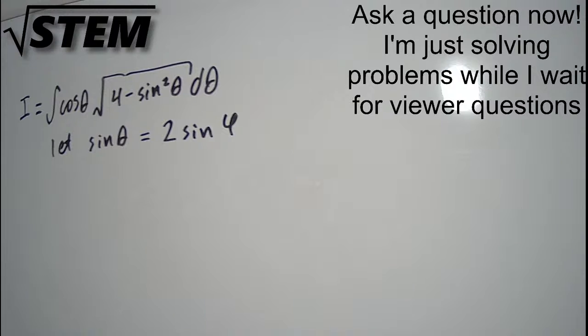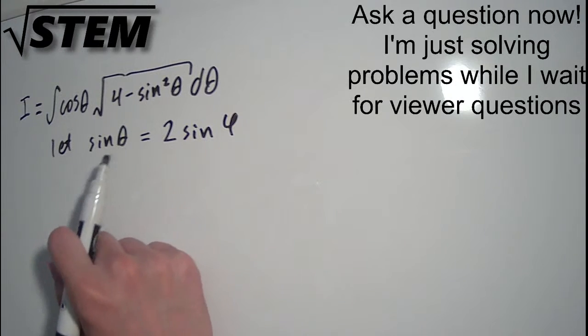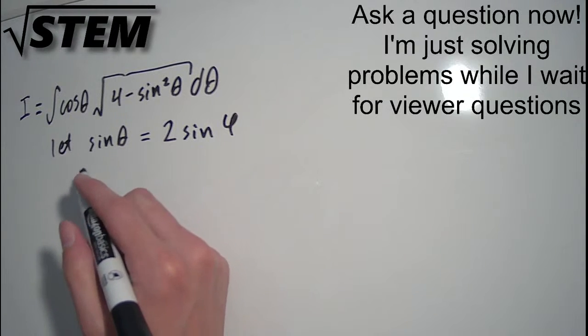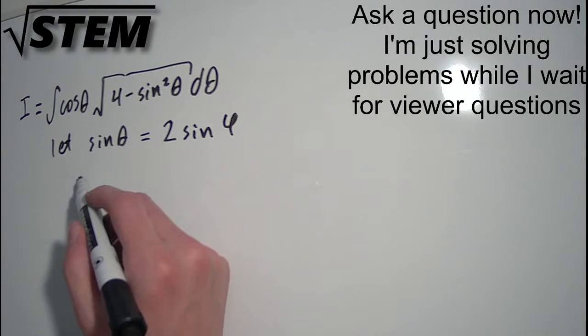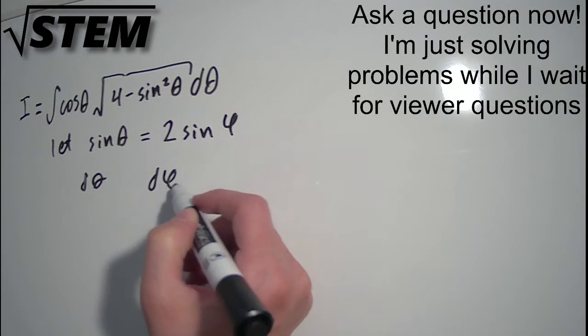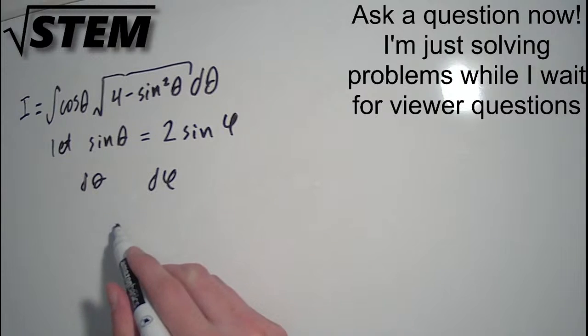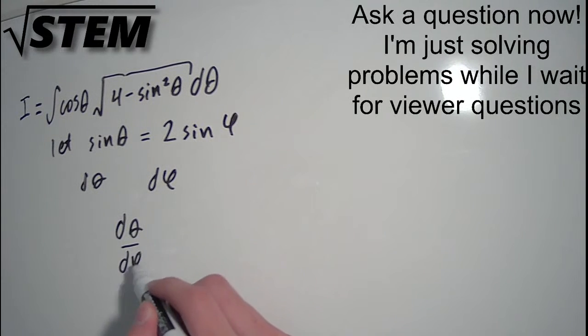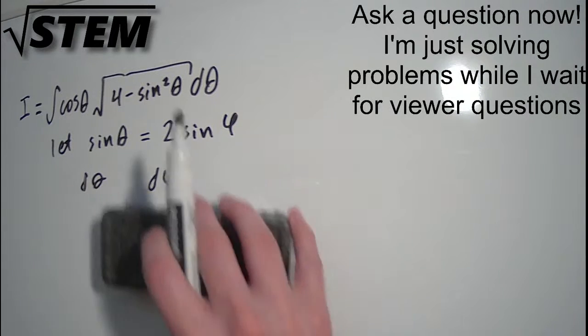Oh, I don't think it's going to be pretty, because how would we even do that? If we try to get our d theta d phi relationship, it's gonna be ugly.